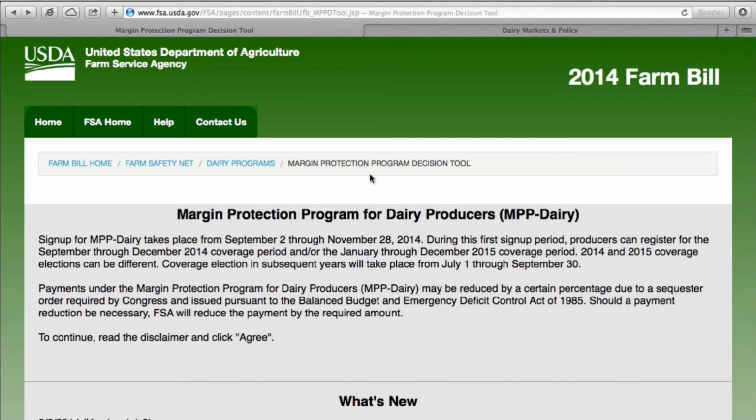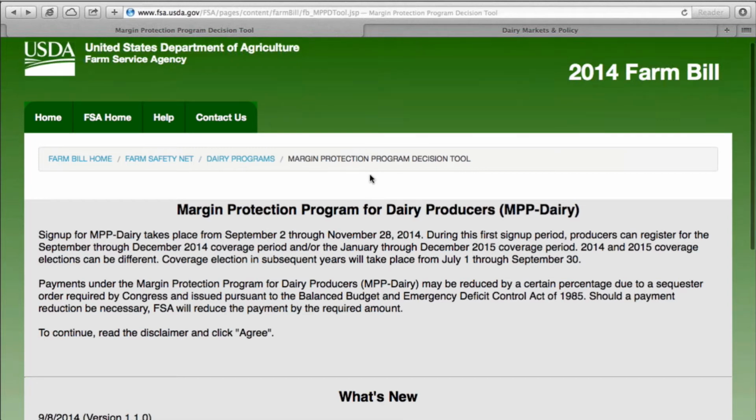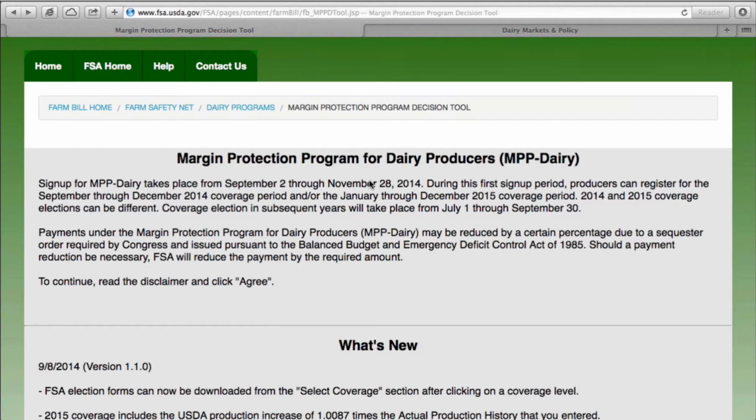So farmers may need to think about how the holidays align with when they want to make a MPP registration decision. But anyway, during the first sign-up period, farmers can register for 2014 retroactively and 2015. And then in subsequent years, they'll have from July 1 to the end of September to make an MPP decision for the next coverage year. We also notified dairy farmers that MPP is subject to sequestration rules.